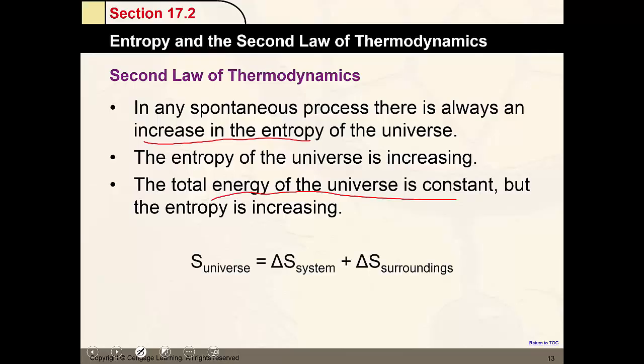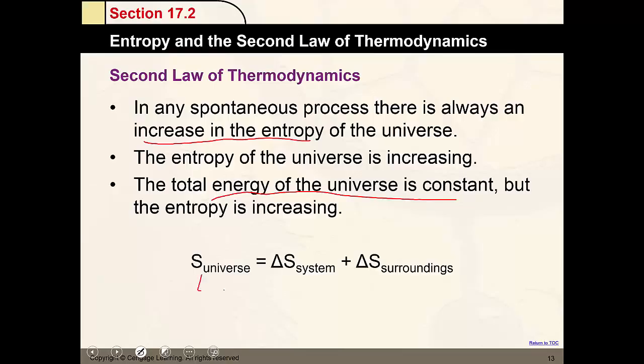So same thing that we did with heat, the overall entropy, the entropy of the universe, is the overall system plus the surroundings. So nature always moves towards the most probable state available to it, even though energy remains the same. So that means there's always an increase in disorder.